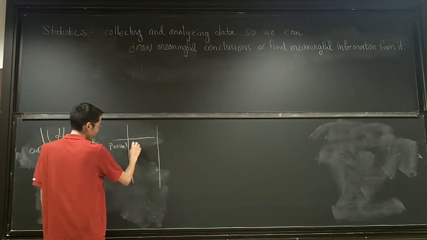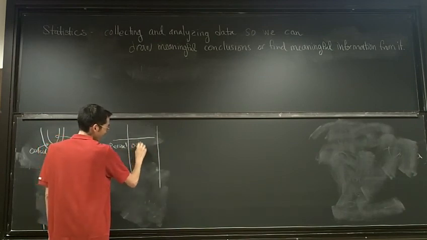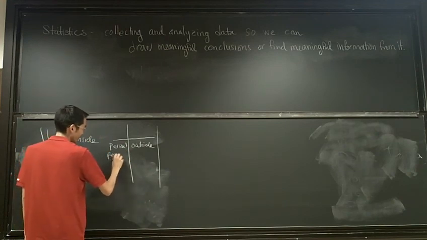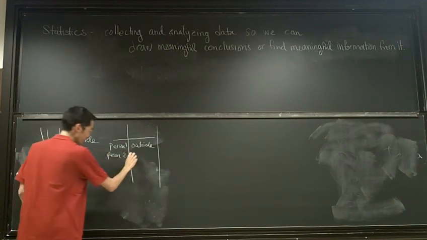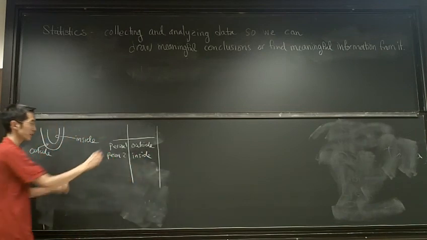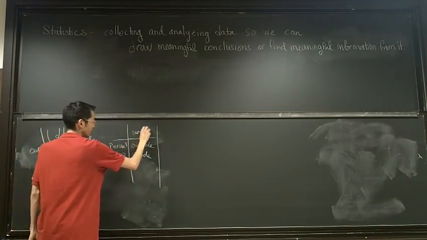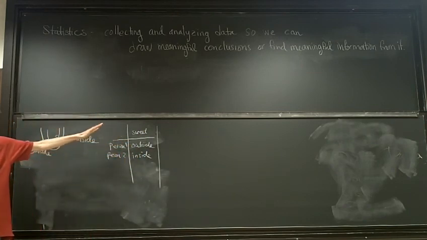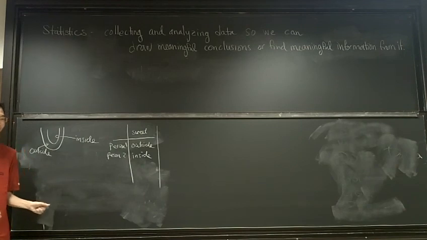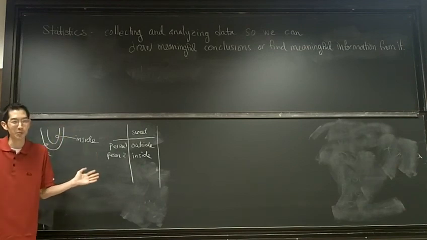Person 1 says it tasted stronger on the outside, and person 2 says the sweetness tasted stronger on the inside, or something like this. Does this make sense? This is the data I'm collecting. Maybe we were in 5th grade, and maybe we were only able to survey 20 people or something.